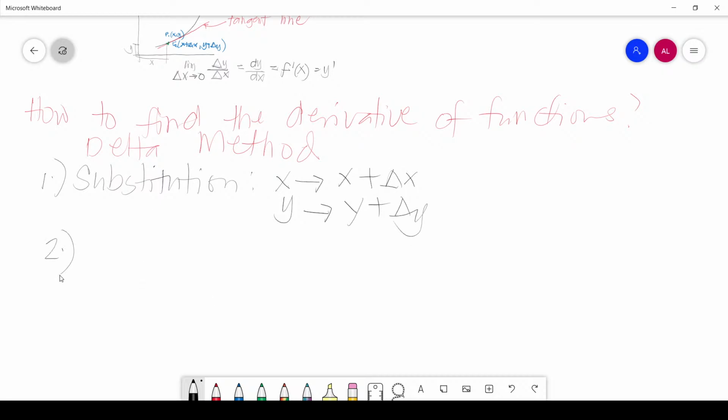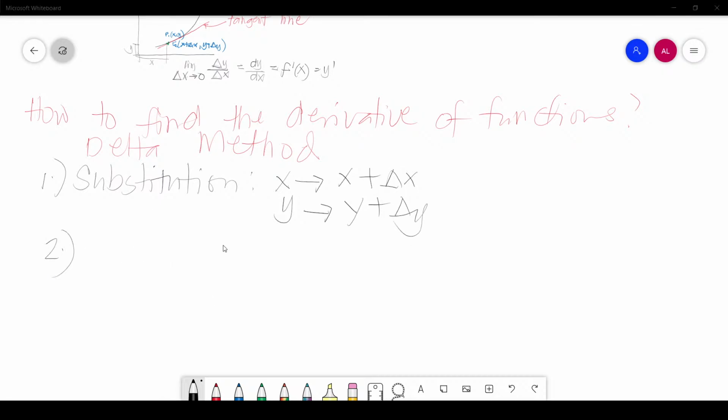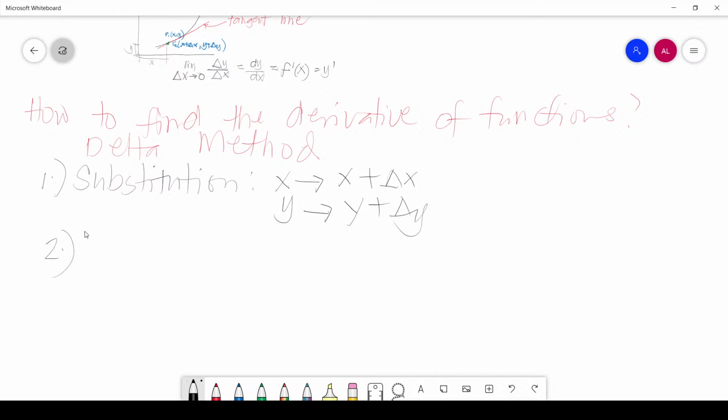The next step, we solve for delta y first. Most probably, at the end of solving for delta y, we can factor out delta x. Then after which, we divide the whole equation by delta x.